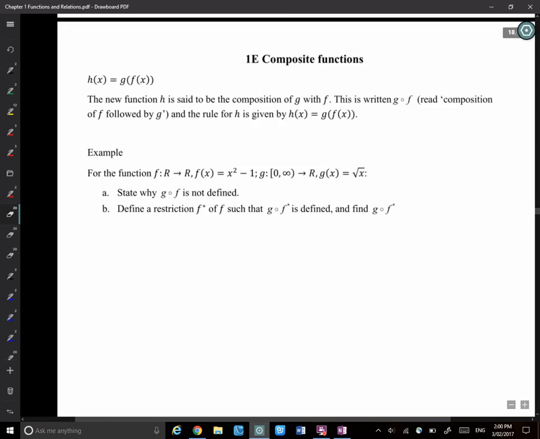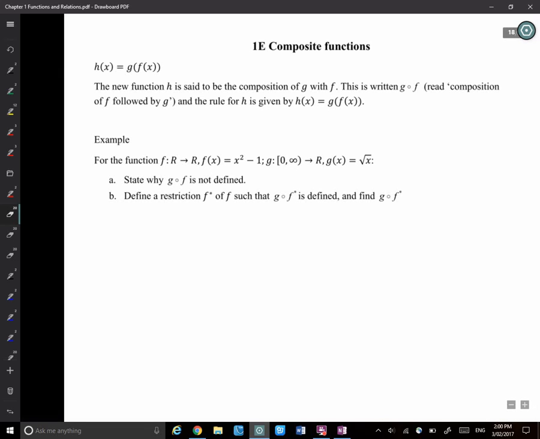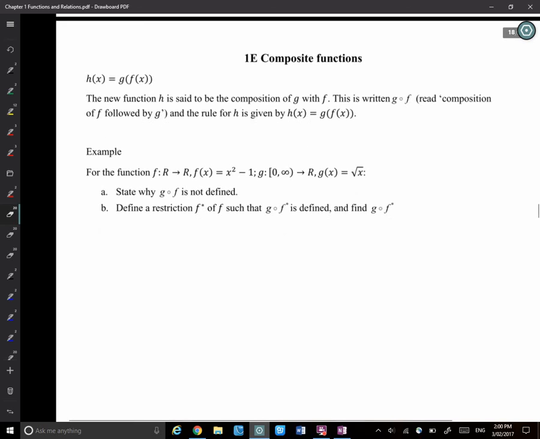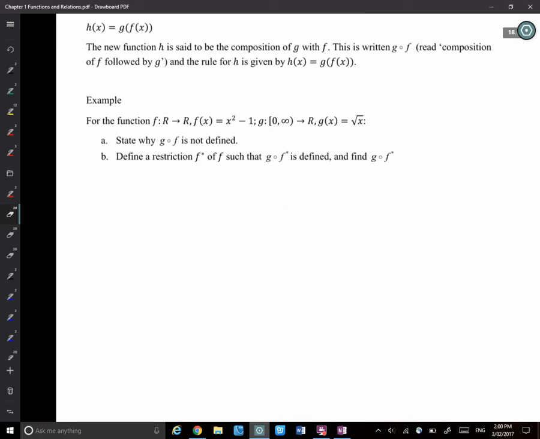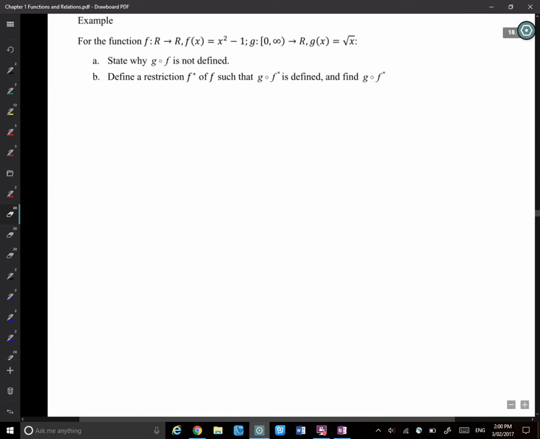So the new function is called the composite of f followed by g. We say that's g of f(x), g of f of x. Now let's think about g of f(x). Basically, I put some x value into f(x) and I will have the range of f.